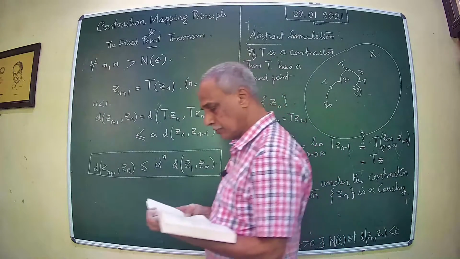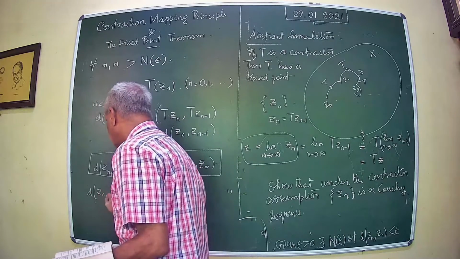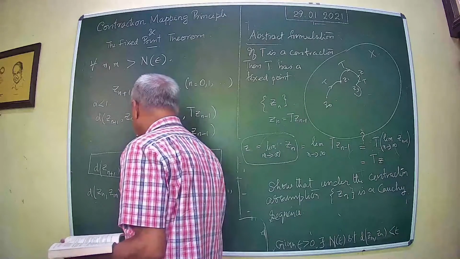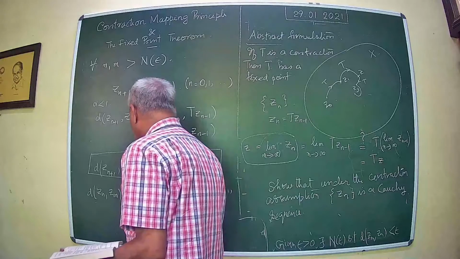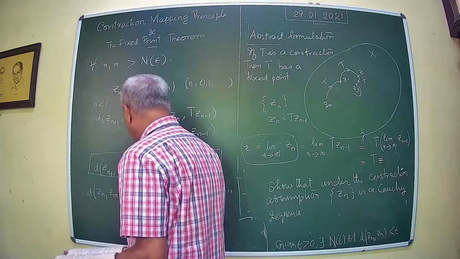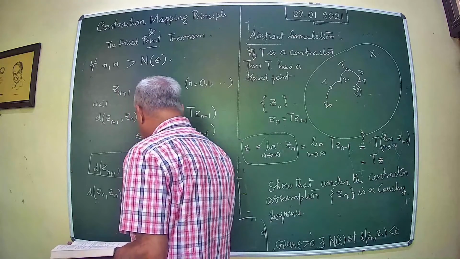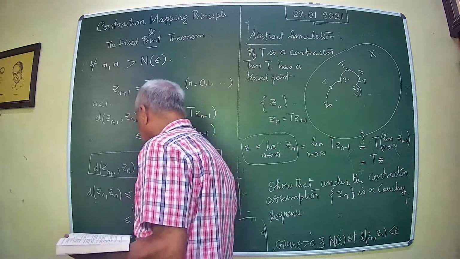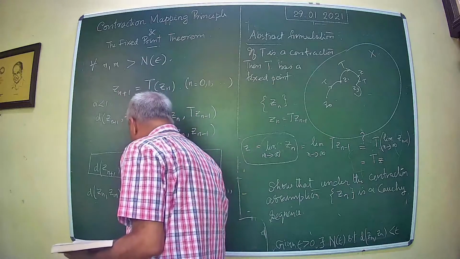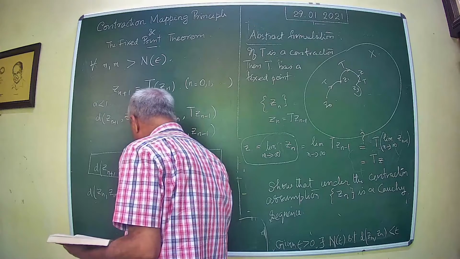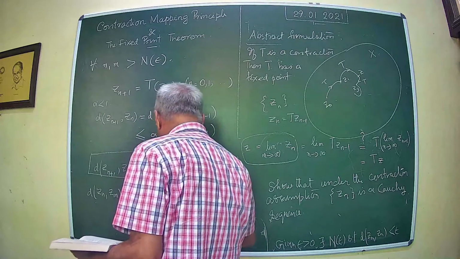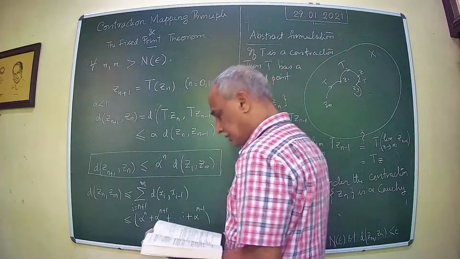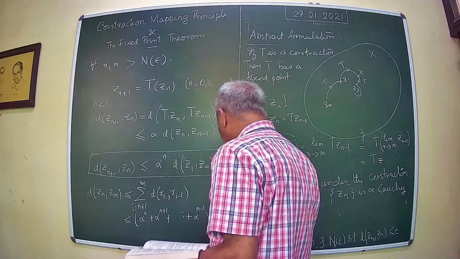Therefore what you have, you have d of Zm, Zn, and you can show that this is less than or equal to the sum from i equal to n plus 1 to m of d of Zi, Zi minus 1, and that is less than or equal to, using this inequality, alpha to the power n plus alpha to the power n plus 1 plus etc. The last term is alpha to the power m minus 1 times d of Z1, Z0.